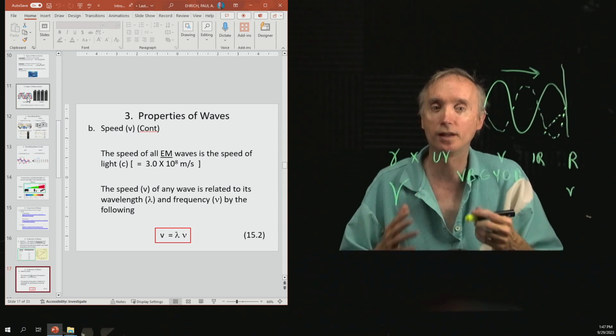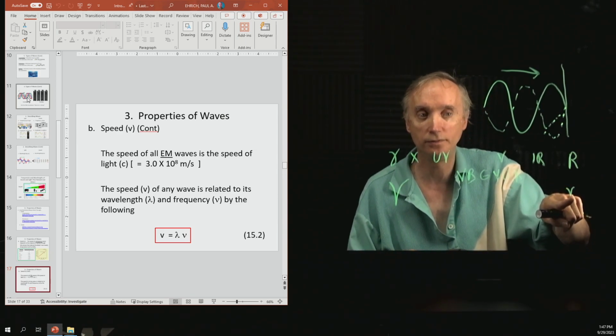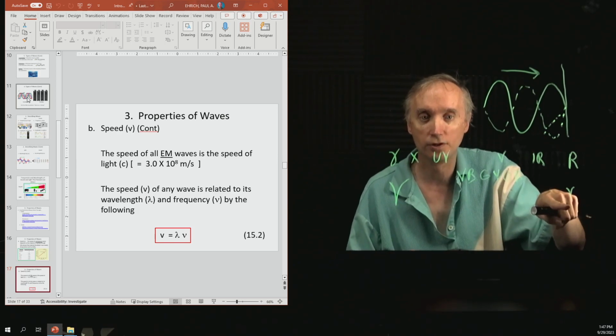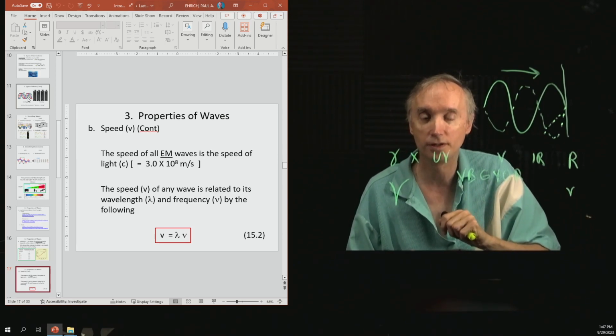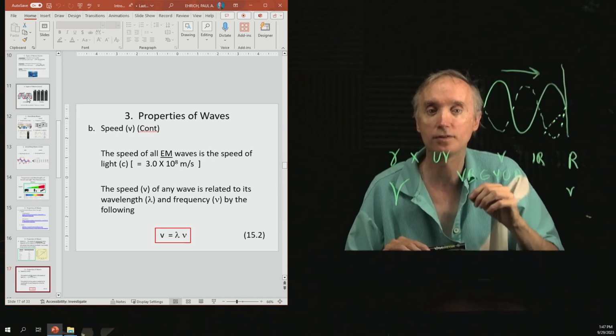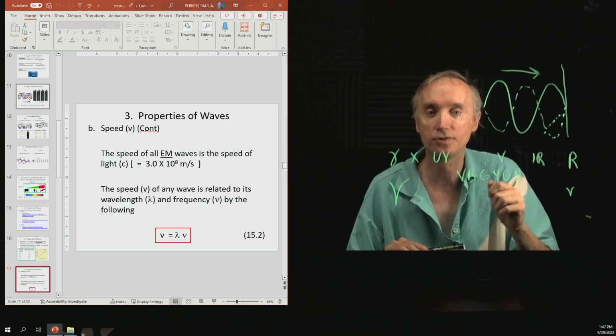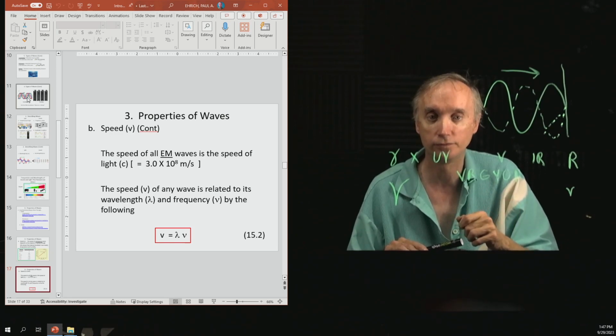So what's the relationship between the frequency of a wave and its speed? It's going to be the wavelength. If you take the wavelength of a wave and multiply it by the frequency of that wave, that will tell you the speed of that wave.